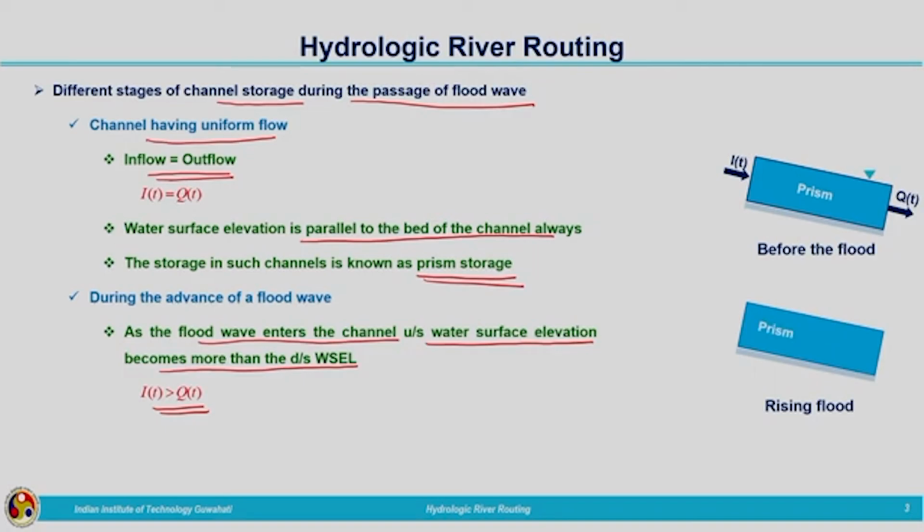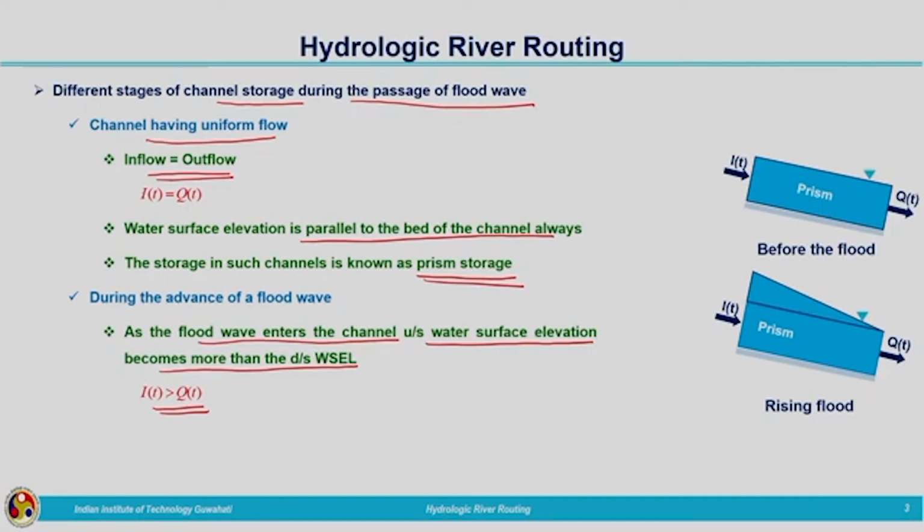Along with that, as the flood wave has entered into the system, we will be having an extra flow into the system, which creates the upstream water level more than that of the downstream water level. So, we are having the inflow IT and the corresponding outflow QT from the downstream section, for which QT needs to be determined based on the value of known IT.